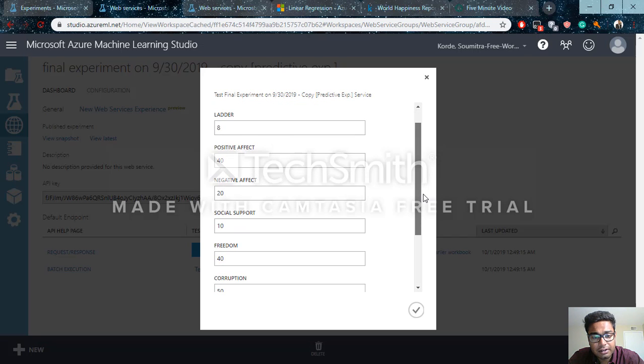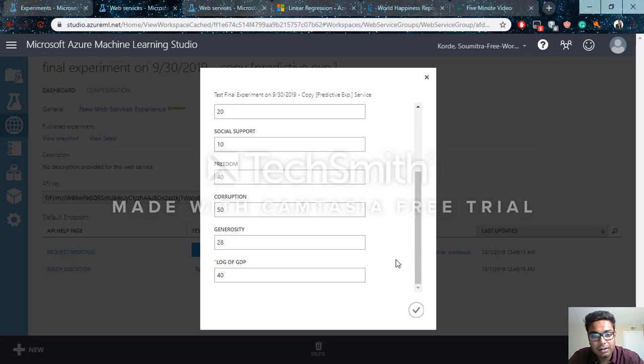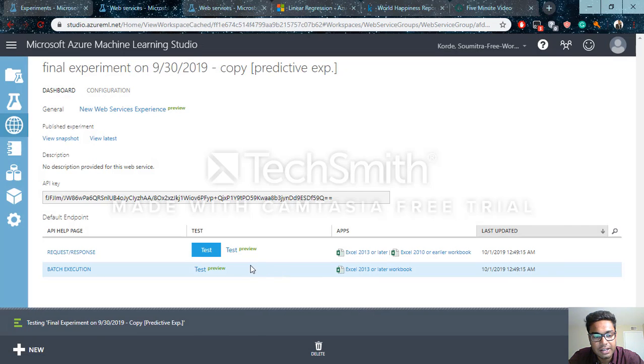So the prediction our model should generate is a life expectancy which should be low according to our data set. Let's go ahead and execute this test.